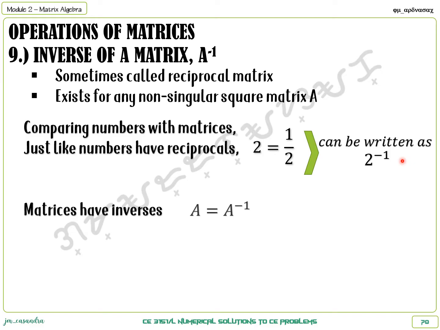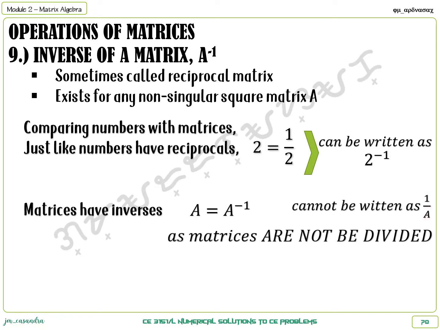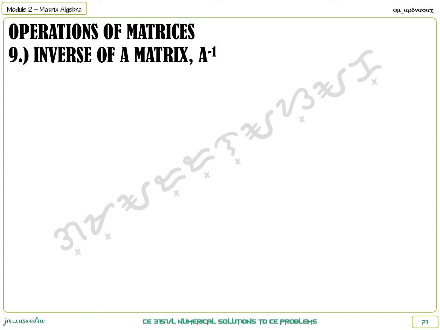While for matrices, matrix A has the inverse A raised to negative 1. Thus, A raised to negative 1 cannot be written as 1 over A, since matrices are not to be divided. In a sense, the inverse of a matrix would look like the division for simple numbers.